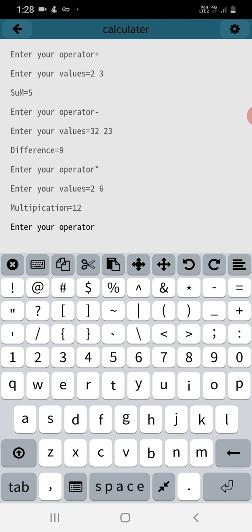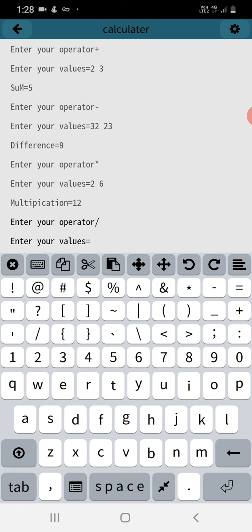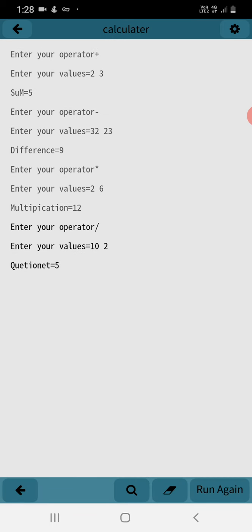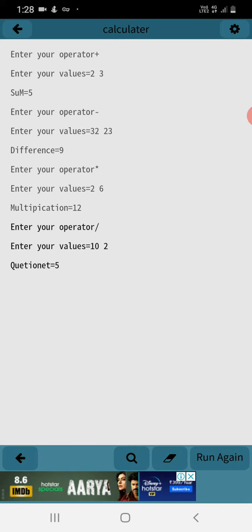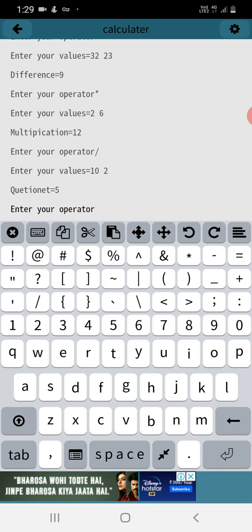Again, next operator, that's division, slash, enter your values, 10, 2, quotient is 5. That's right, 2 5s are 10. Run again.